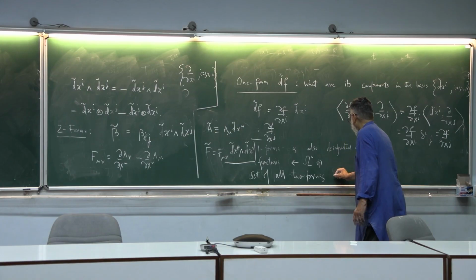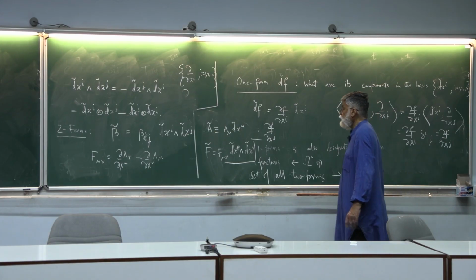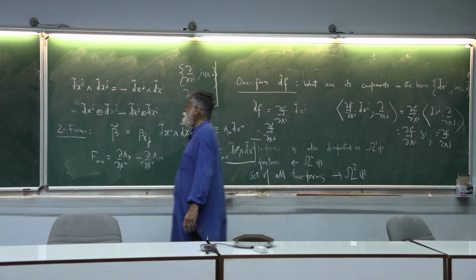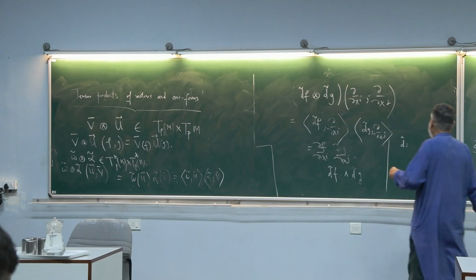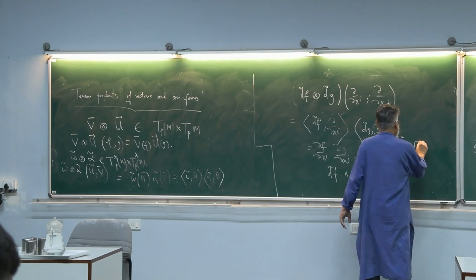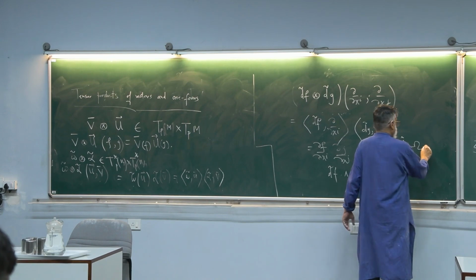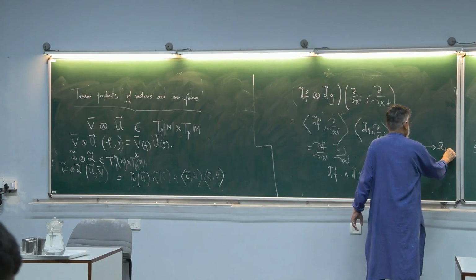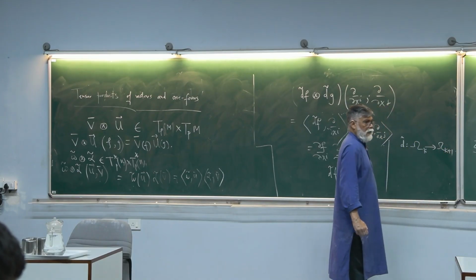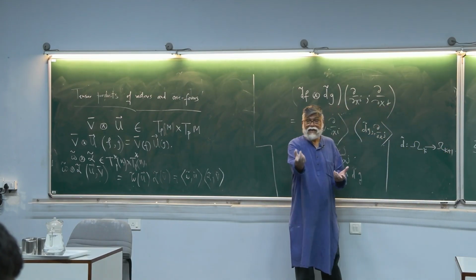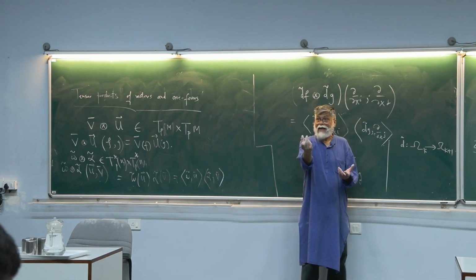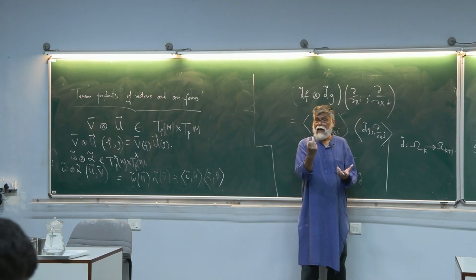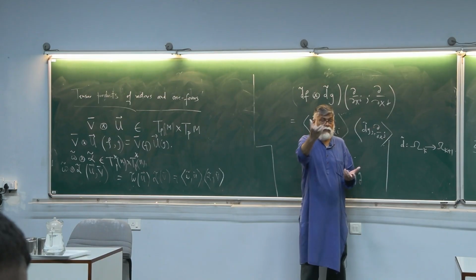Exterior derivative d is an operation that maps omega k to omega k plus 1. That means it takes an element from k-forms and maps it to k plus 1 forms.